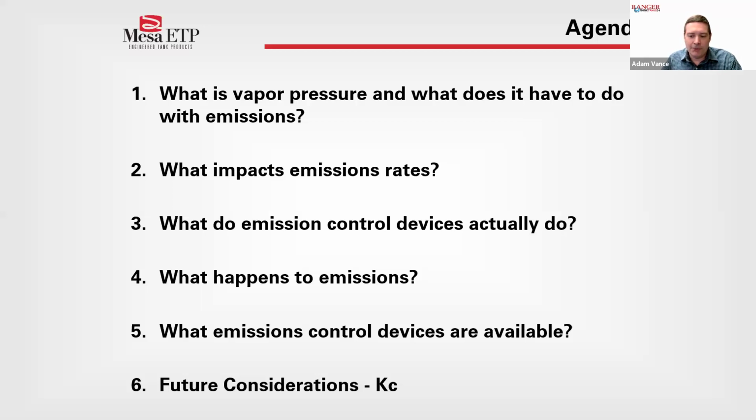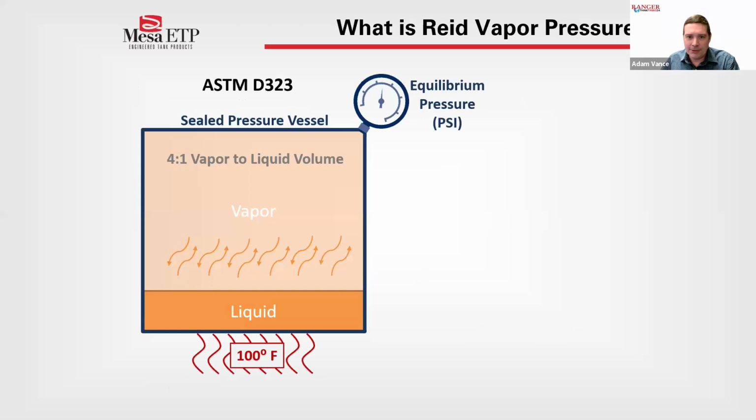We'll talk about what happens to those emissions once they exit the tank, and we'll review the current emissions control devices available in the marketplace. And finally, we'll hit on a little bit of future considerations, including K sub C, which is a new proposed standard. So without further ado, we'll hop right into what is vapor pressure, in particular, Reid vapor pressure.